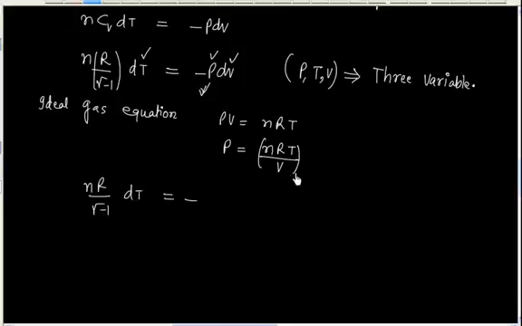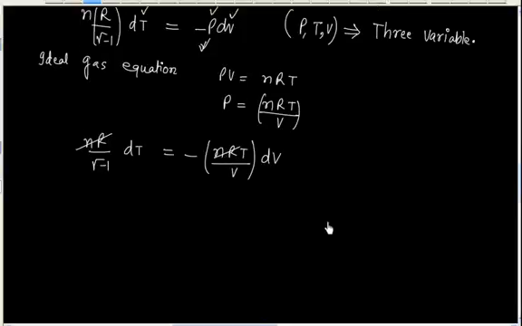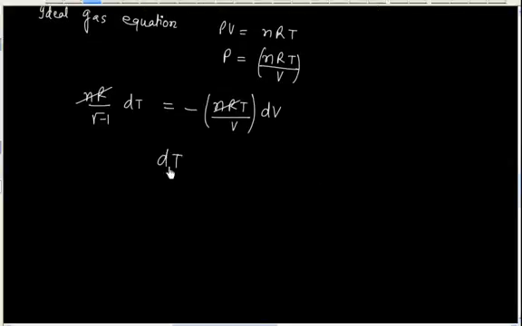Pressure can be written as nRT by V. Now nR cancels, so we will have dT by gamma minus 1, and this is dV by V into temperature. Now let us separate the variables, that is take T this side.